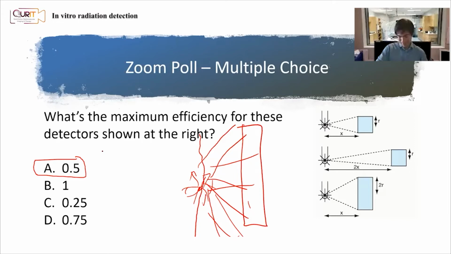Someone is asking what the maximum efficiency is of the 3 detectors shown on the right. Maybe it's not fully clear, but what I meant is that if you have detectors like this, you cannot be more efficient than 0.5 because of what I just described.